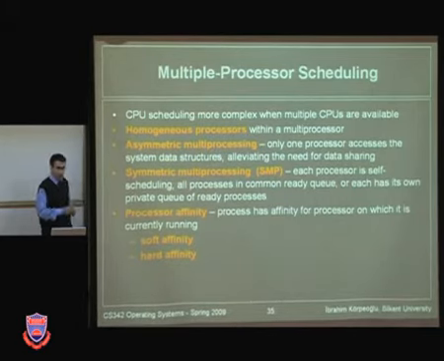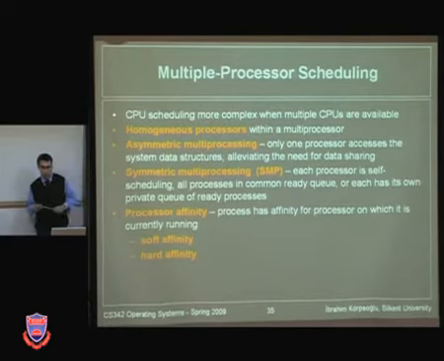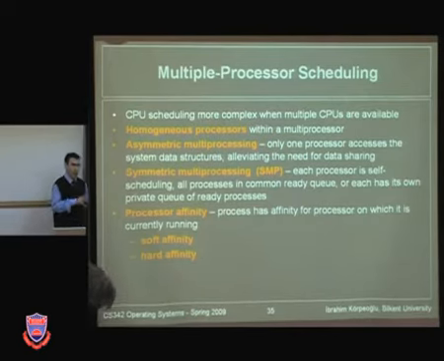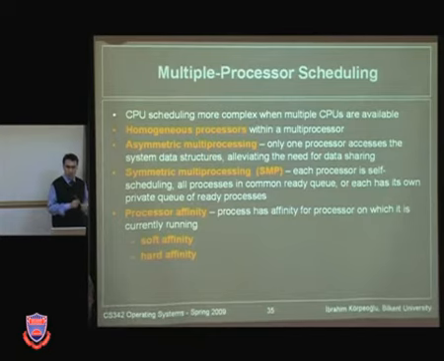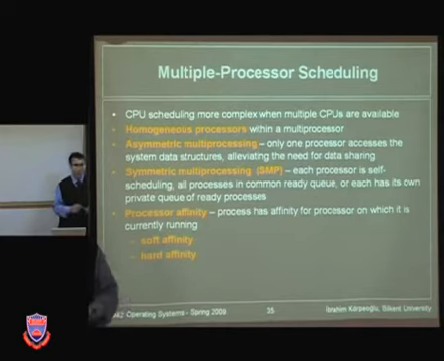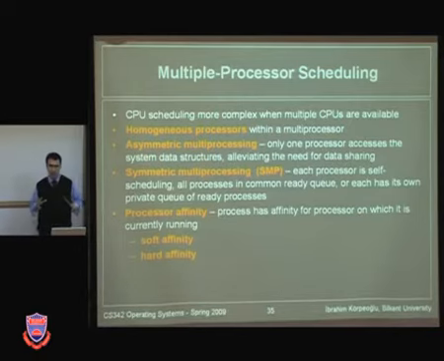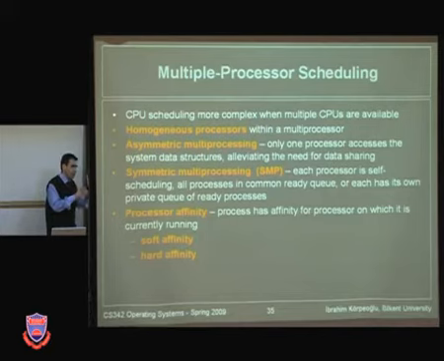In a multiprocessor environment, we have several CPUs, and CPU scheduling becomes more complex when multiple CPUs are available in a single computer. These CPUs can work as asymmetric multiprocessing or symmetric multiprocessing. In an asymmetric multiprocessing architecture, we have just one single CPU running the system code, doing the scheduling and so on.